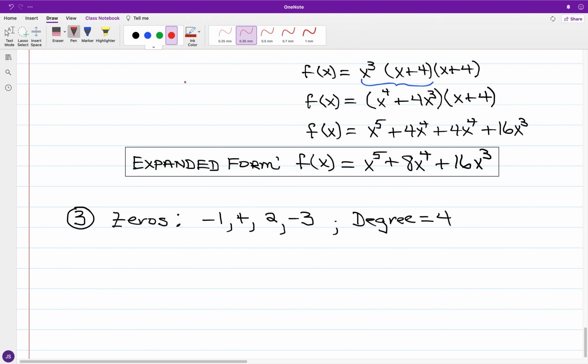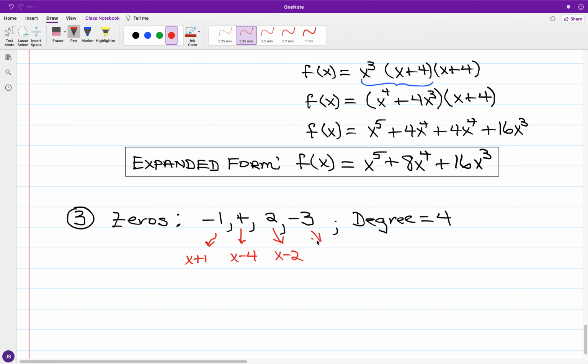Okay, so for -1, we can say this is going to stem from x plus 1. With 4, this is going to correspond to x minus 4. For 2, this comes from x minus 2, if you were to set it to 0.